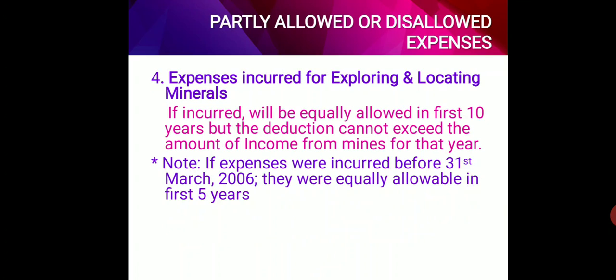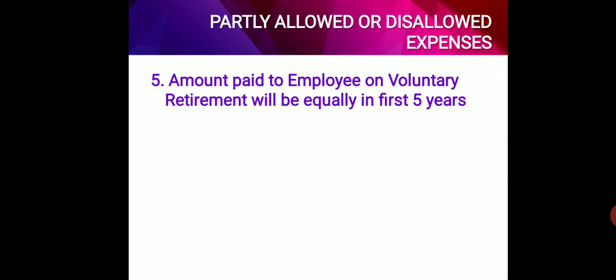Maximum limit is the amount of income from mines. In this, a point to be noted is, if these expenses were incurred before 31st March 2006, they were equally allowable in first 5 years, and now they are allowed in first 10 years.